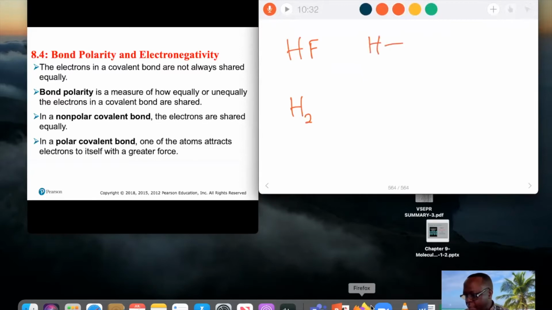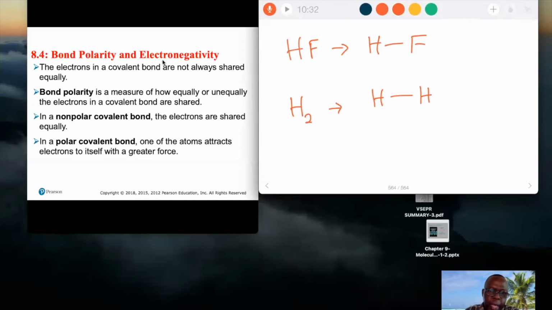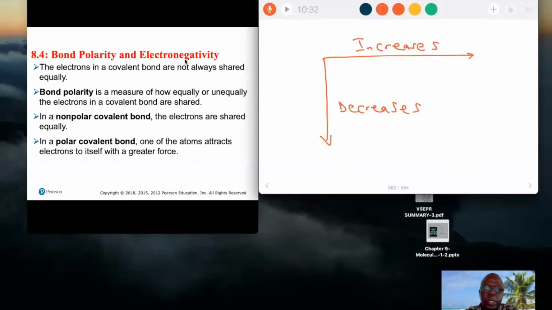will have a single bond like that, the sharing of electron is not equal based on what I just said here, electronegativity, which is the ability of an element to attract electron.